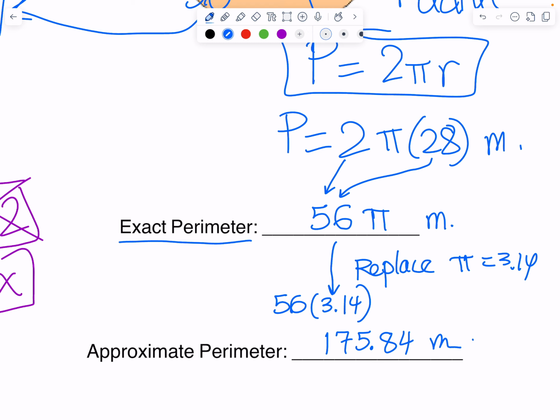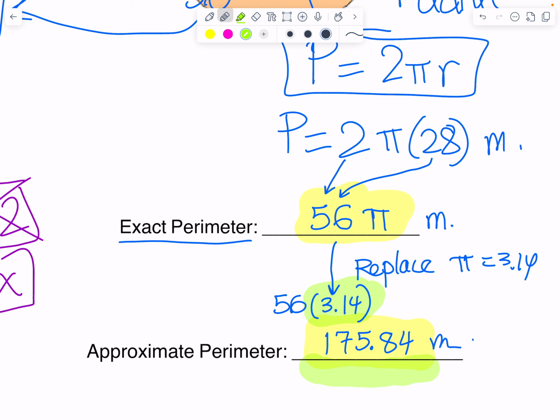So this might be something you already knew, but the reason that this is exact and this is approximate is because even though my calculator just told me it's exactly 175.84, it's an approximation because pi isn't really 3.14, it's more than that, it's 3.1415, and the decimal goes on forever, so this isn't really exactly the right answer. It's probably like 175.84 dot dot dot, or maybe 175.85 dot dot dot.